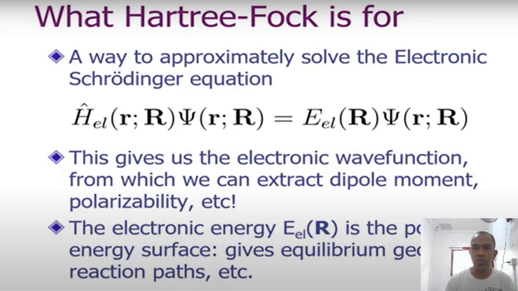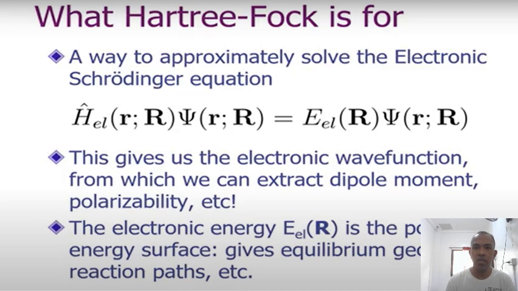We will get also an electronic energy out of that, and that energy does depend on where those nuclei are, and that will map out the potential energy surface if we solve this for many different possible values of nuclear coordinates.